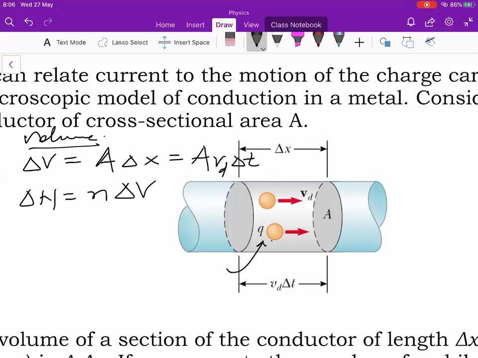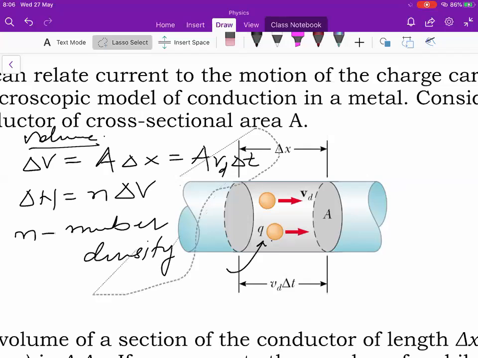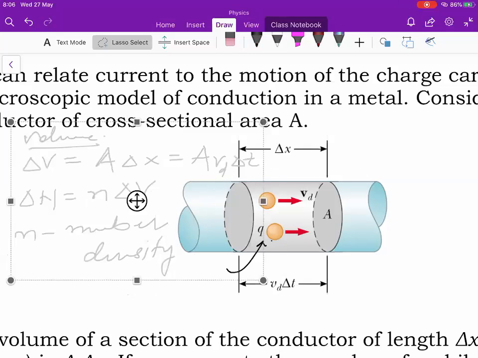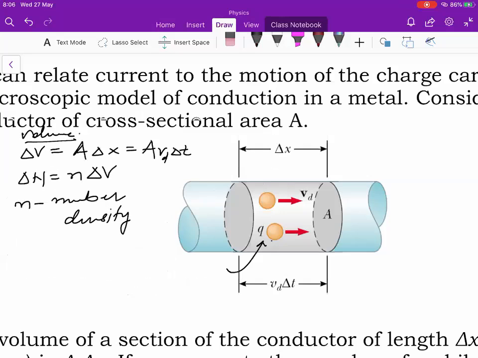What is n? Number density. What is number density? Number of free electrons per unit volume. Okay, so you got this. Now you have number density.